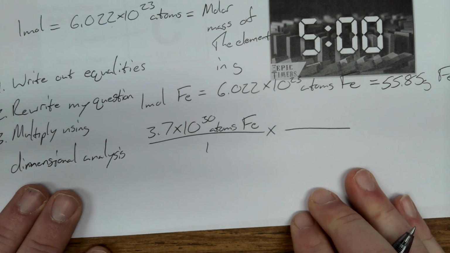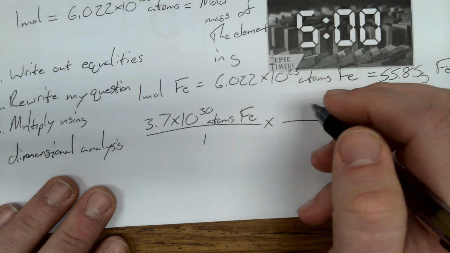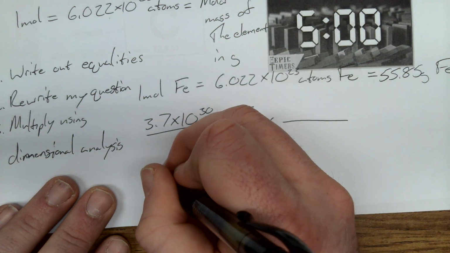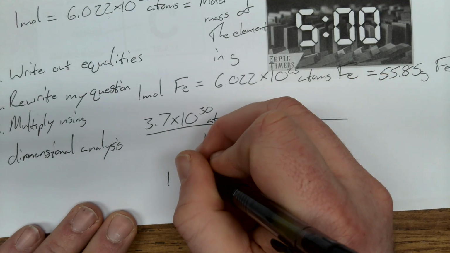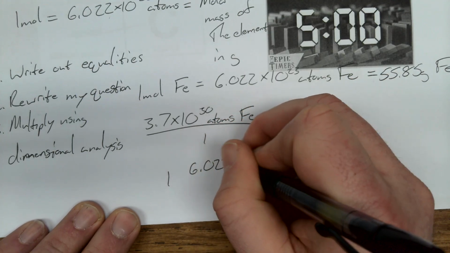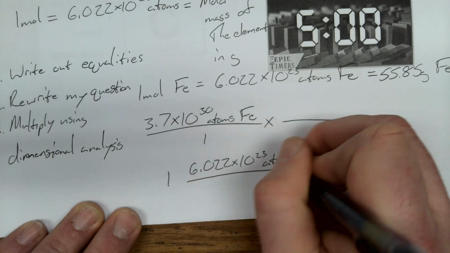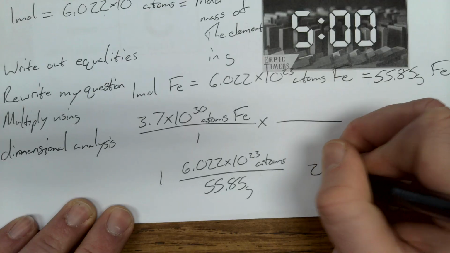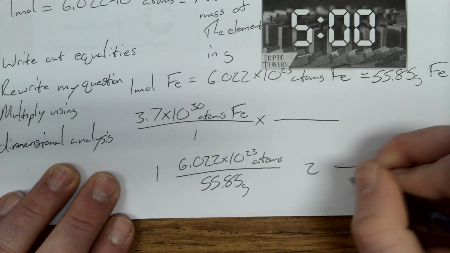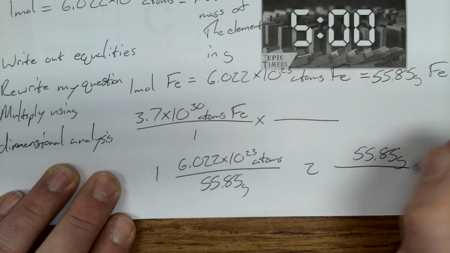So my question to you: how am I going to write my next fraction? I want grams. Am I going to write it as option 1, 6.022 times 10 to the 23 atoms over 55.85 grams, or option 2, where I'm going to have the grams in my numerator?